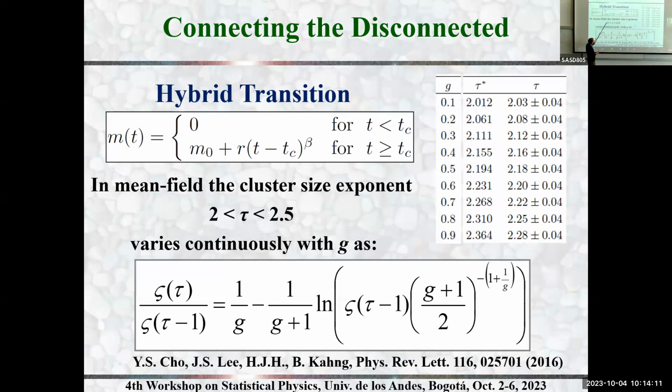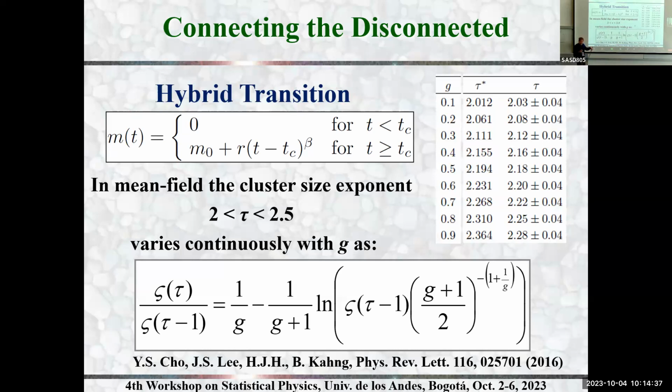And so there is a jump. There's a jump first, a first-order transition, and then there is a second-order part. And the cluster size distribution, tau, can also be calculated exactly, and it is a solution of this kind of equation.